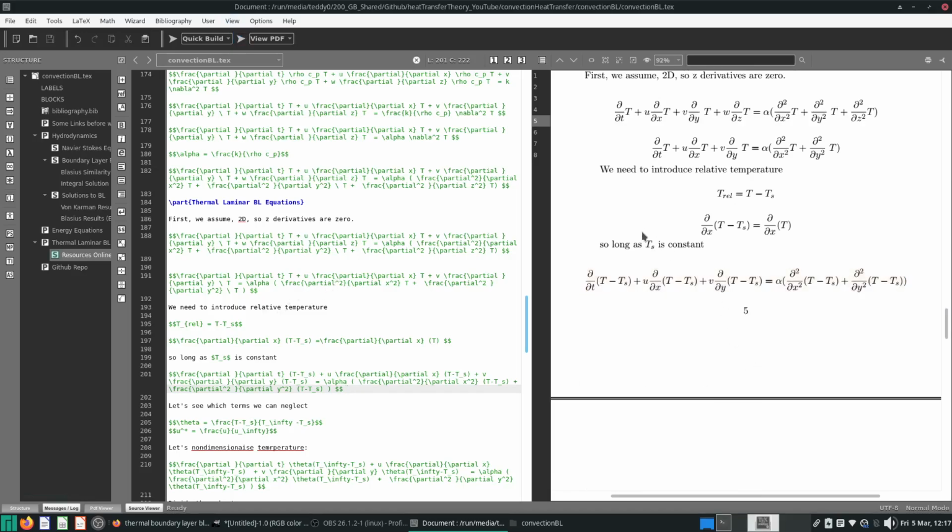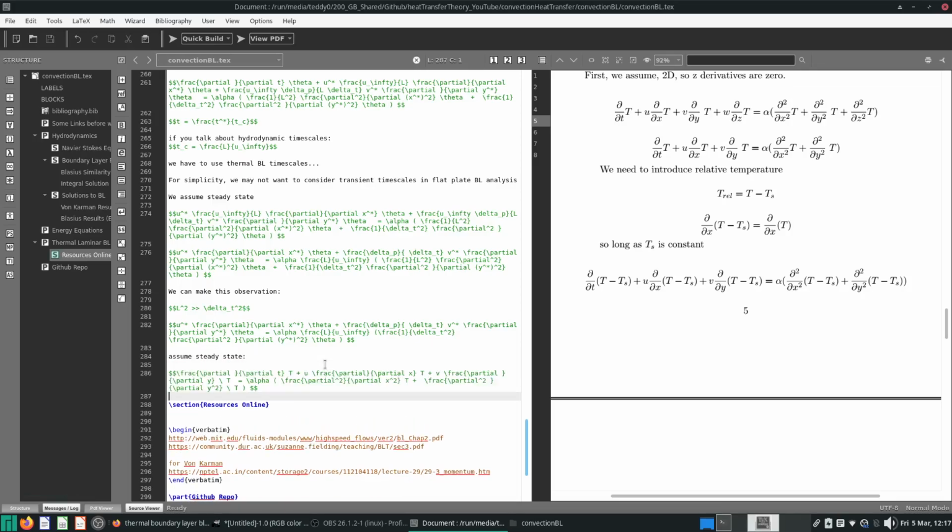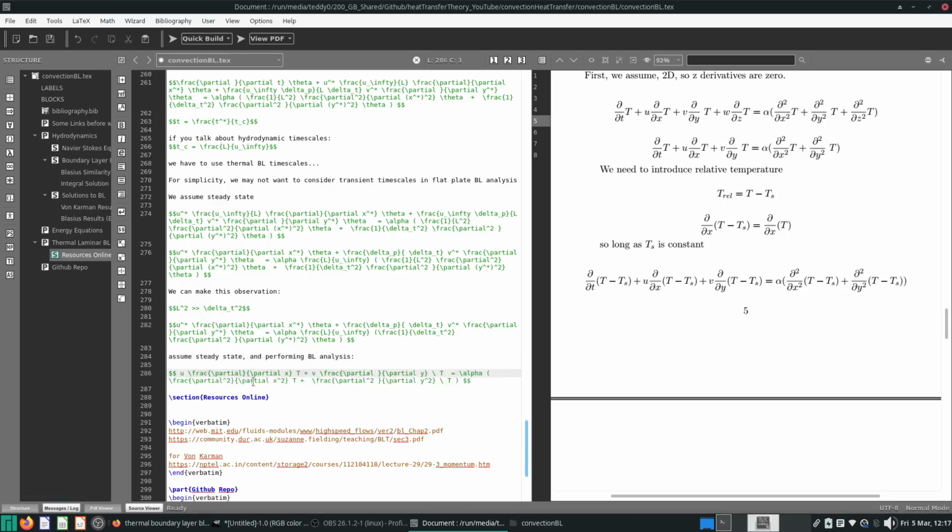If we don't have this relative temperature thing, and we assume steady state, and perform boundary layer analysis, we can get rid of the time derivative term and this x square term by virtue of x being very big.